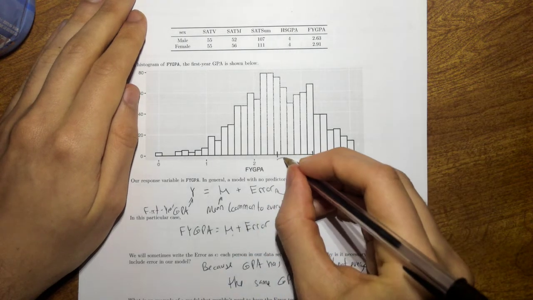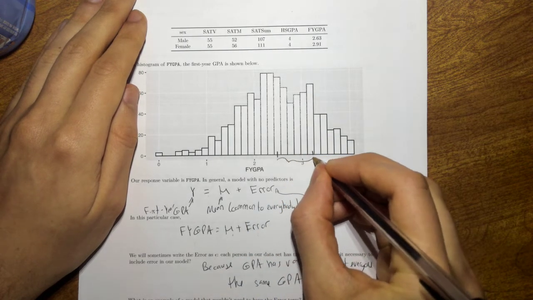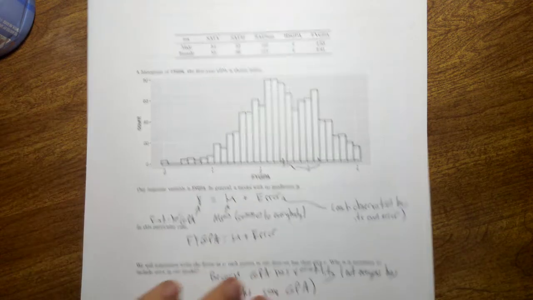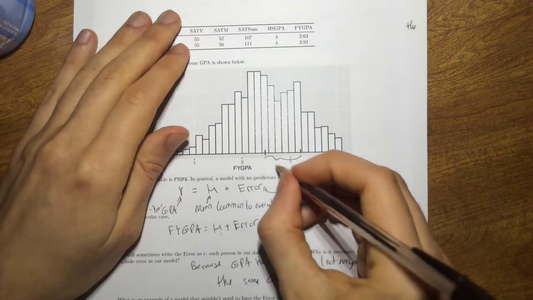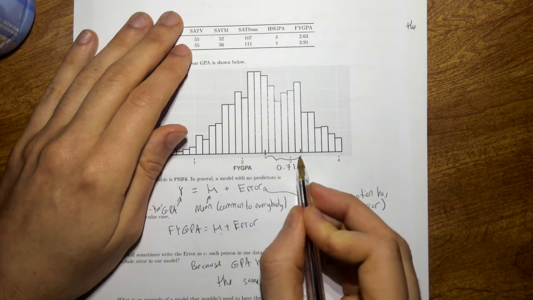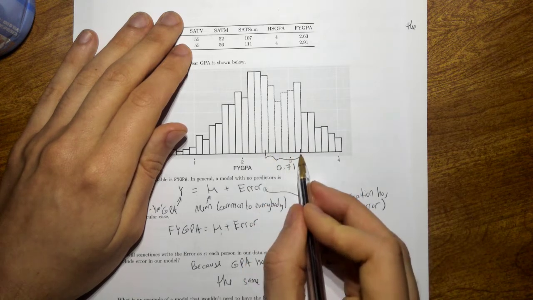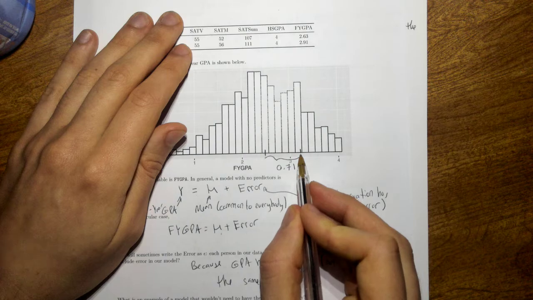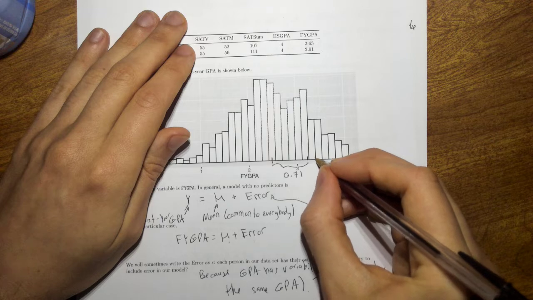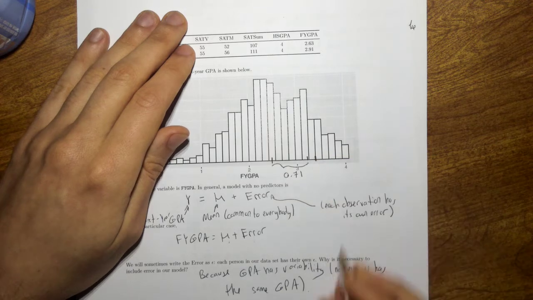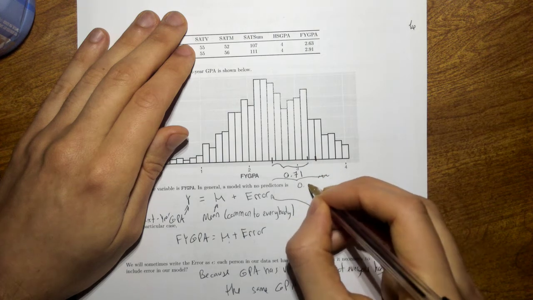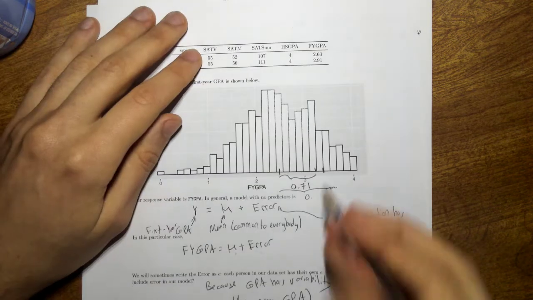The residual is just the distance between that fitted mean and what's actually observed. In this case, it was 0.71. So the distance between here and here, if I drew the marks correctly, should be 0.71. For the second student, her GPA was 3.33, so I'm going to mark that about there. And that distance should be 0.86.